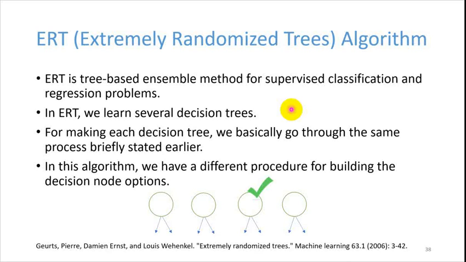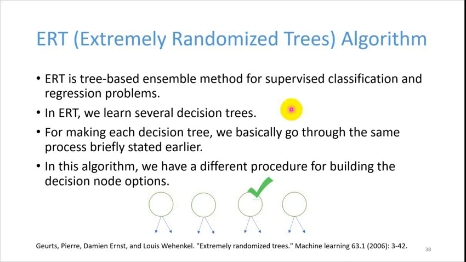So we can just briefly talk about the difference of this algorithm. We need several decision trees here instead of one, because it is an ensemble learning method, and because it is tree based, we will have decision trees.